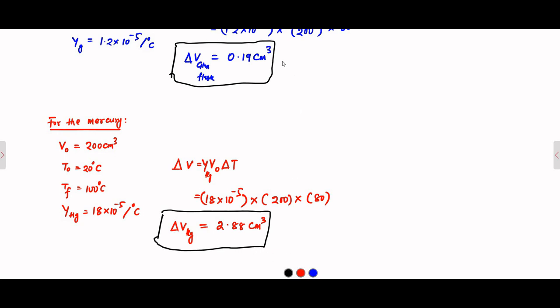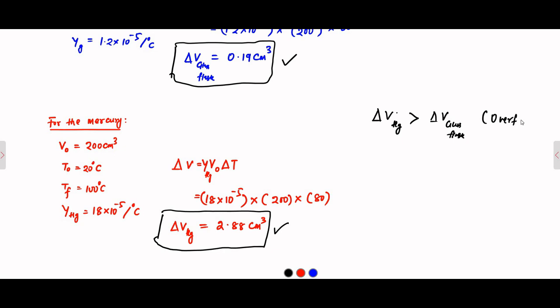Here it is, for the glass flask the increase in volume is 0.19 cm³, whereas for mercury it is 2.88 cm³. So the increase in volume for mercury is much greater than the increase in volume for the glass flask. So overflow will take place.